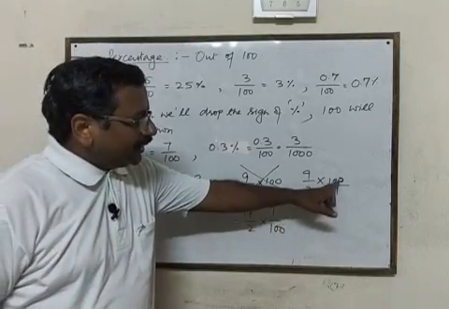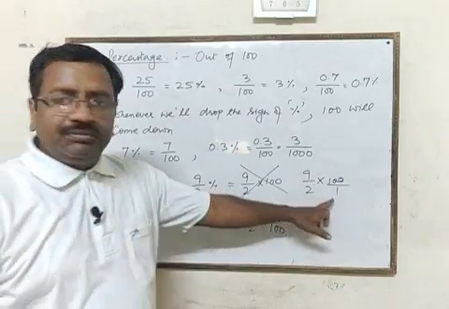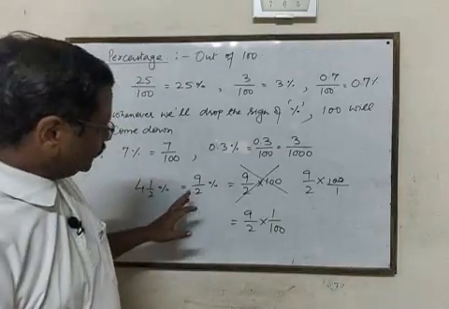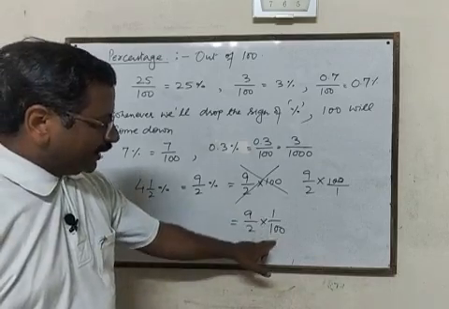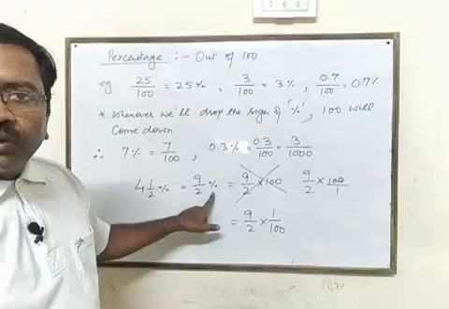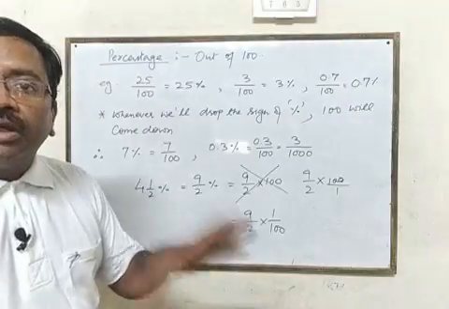So this is a very common mistake students make. 9 by 2% means 9 by 2 into 1 by 100. Whenever you drop the sign of percent, 100 will come down.